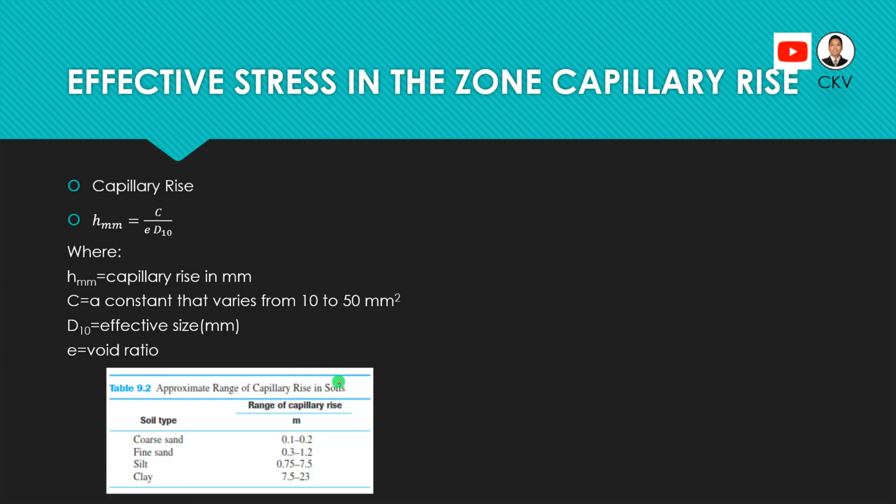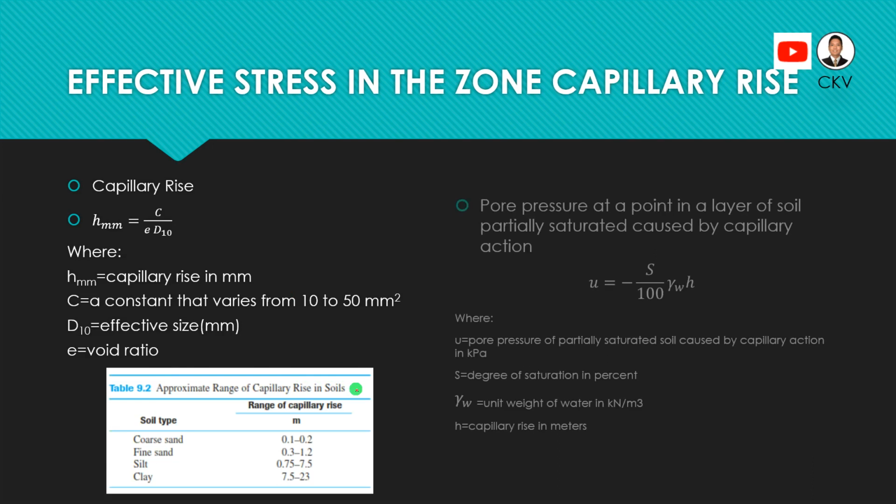These are the approximate ranges of capillary rise in soils depending on the type of soil. Then compute the equivalent pore pressure at any point in a layer of soil partially saturated, caused by the capillary action. Again, it is a negative pressure.